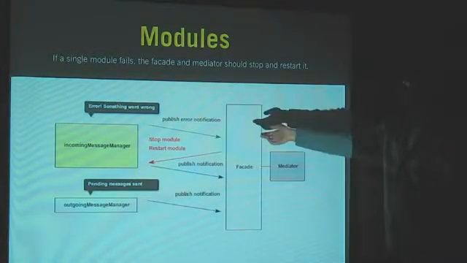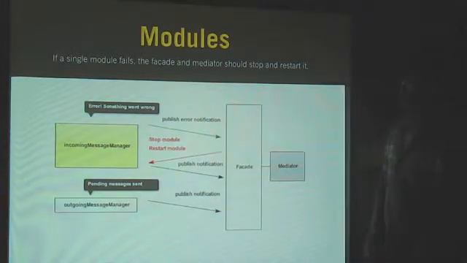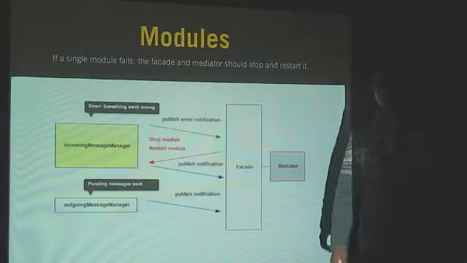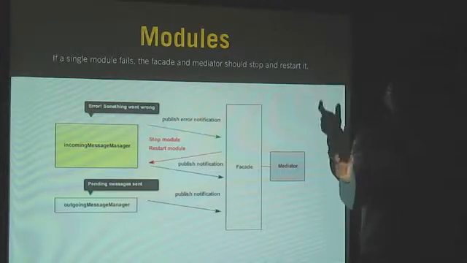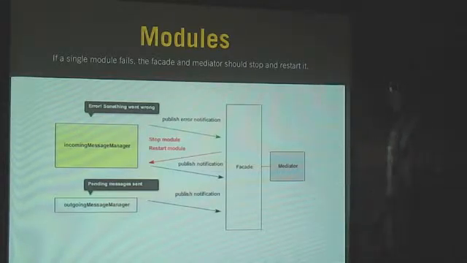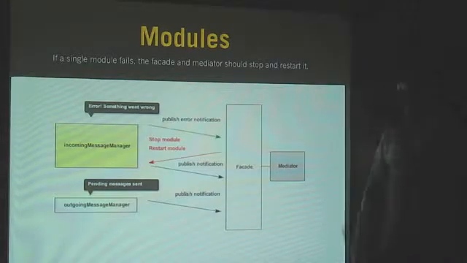And this is essentially what happens when something goes wrong. So let's say that my incoming message manager has crashed and something's gone wrong. I can publish an error notification inside my application because I'm keeping an eye on all the different modules that are running. I can actually say, okay, well, this module isn't running anymore. What's going on? I can pipe back an error notification to my mediator, and it can go and say, okay, well, my incoming message manager has crashed. I'm going to stop all of the other modules in my system that are currently running.